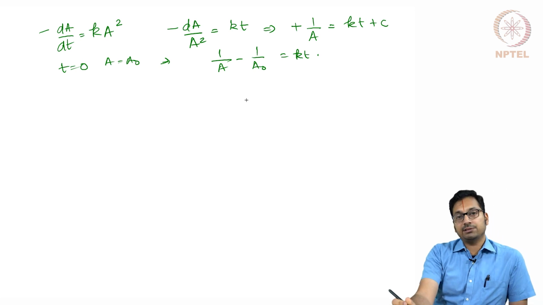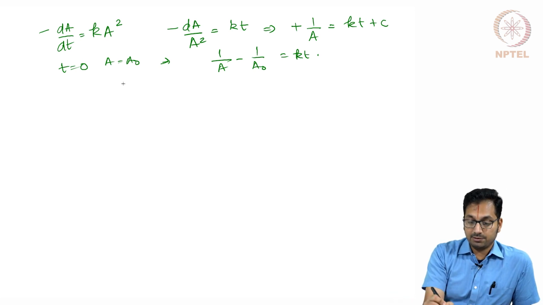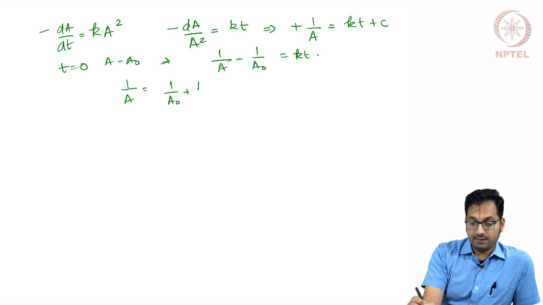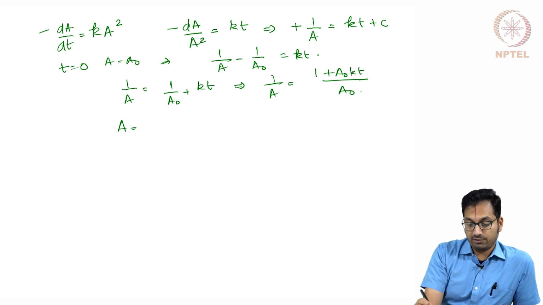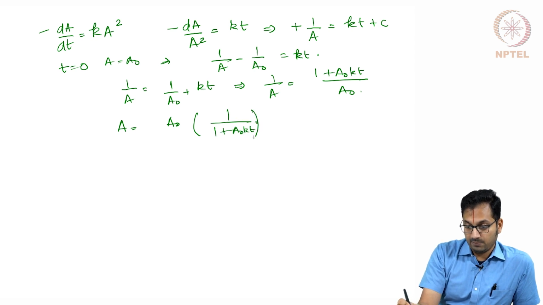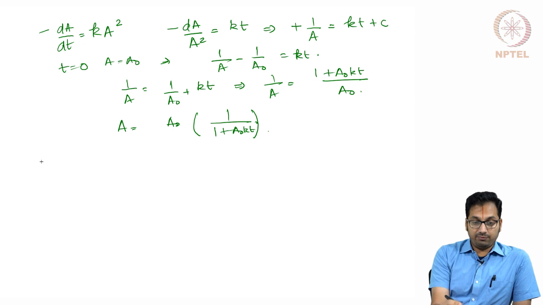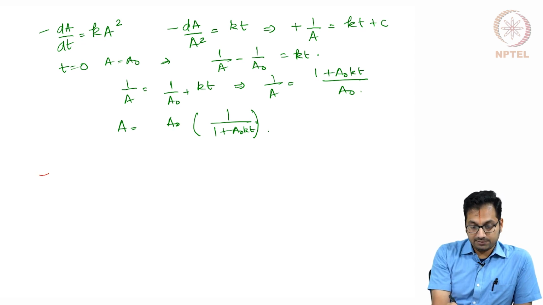We can quickly rearrange the same way that we did earlier. So this is going to be 1 over A equal to 1 over A naught plus kt, which implies 1 over A is 1 plus A naught times kt divided by A naught. Therefore, A as a function of t is going to be something like this. So, for zero, first and second order reactions, let us try to summarize what we saw.